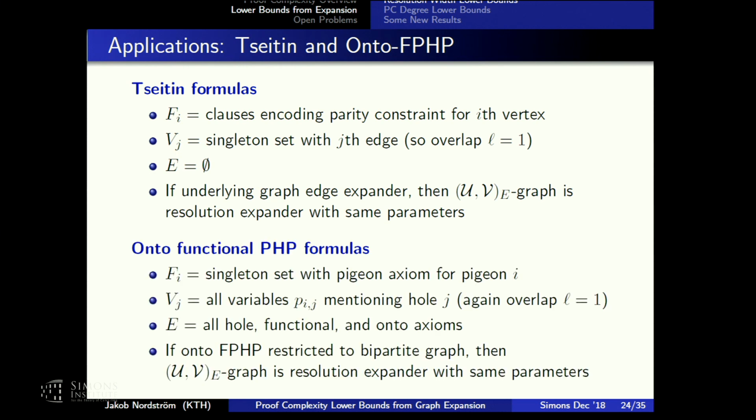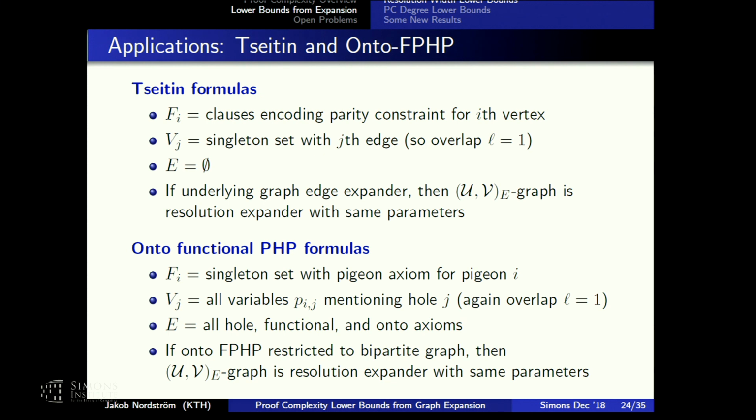Okay? And for the pigeonhole principle formulas, the left-hand side are just going to be the pigeon axioms, like every axiom saying that a pigeon gets a hole is its own vertex. The variable bags are going to be talking about holes. So every variable mentioning hole j goes into the j bag.